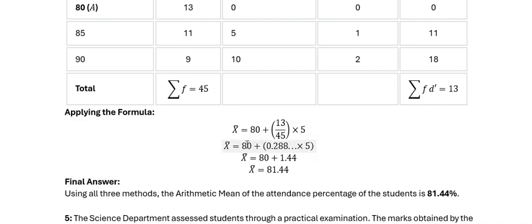The assumed mean as per the question is 80, plus 13 divided by 45 will become 0.288, and if we multiply this by 5, the amount will come as 80 plus 1.44. So let's total it, and you will get mean is equal to 81.44.